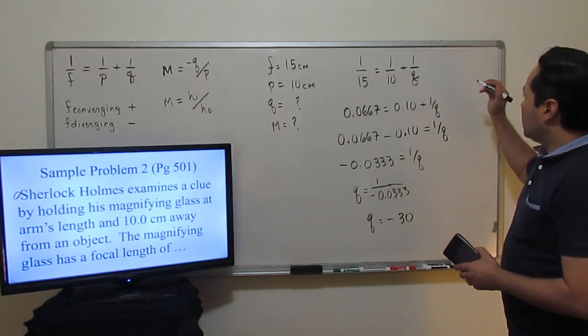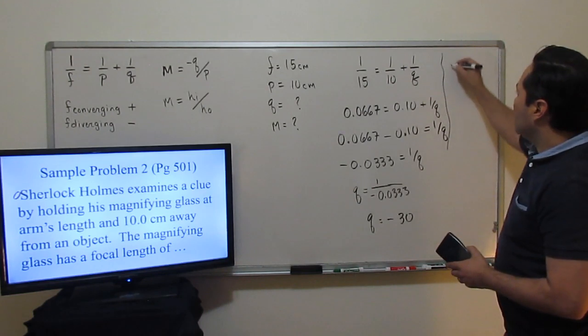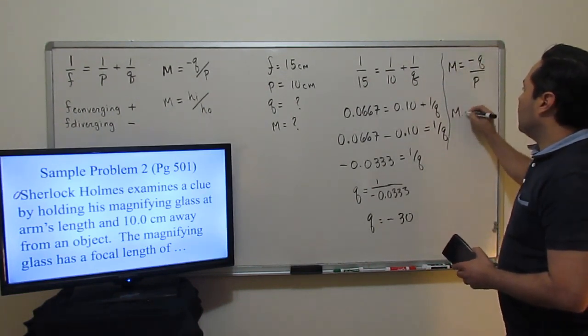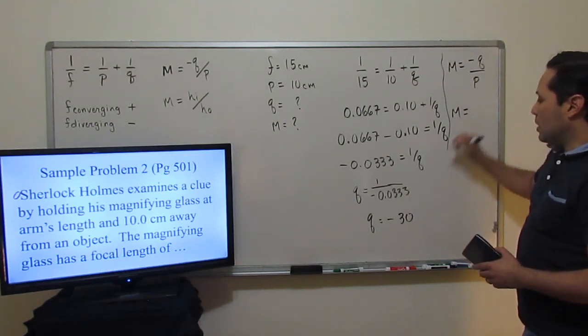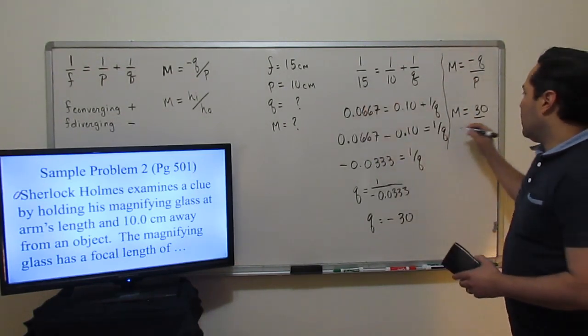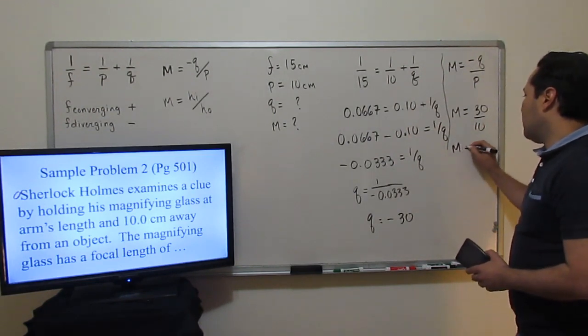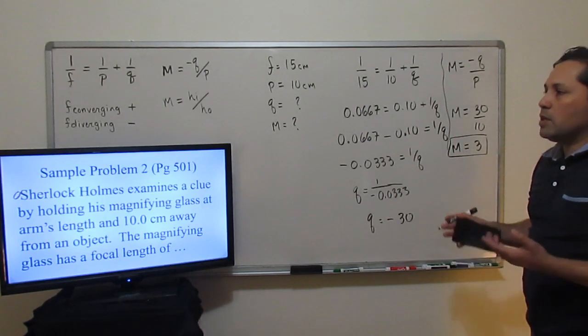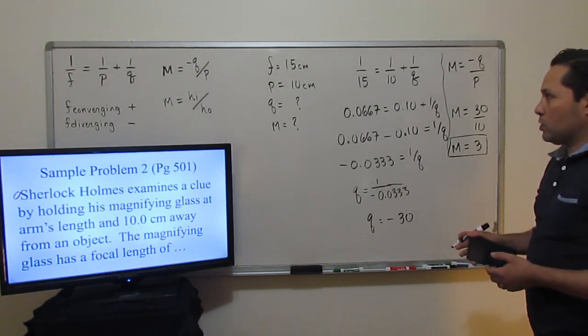Magnification: magnification is negative Q over P. Negative Q, a negative and a negative, gives me a positive, and P is 10. So this one is going to be 3 times its original size.